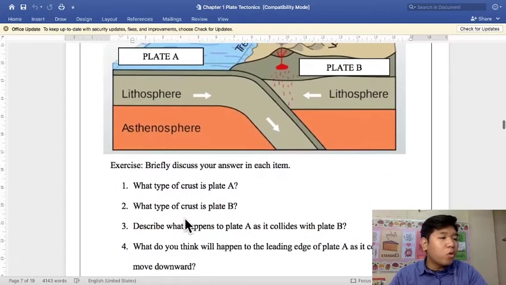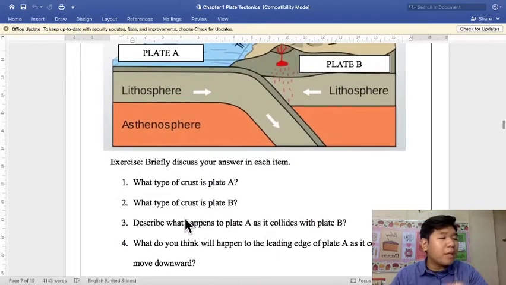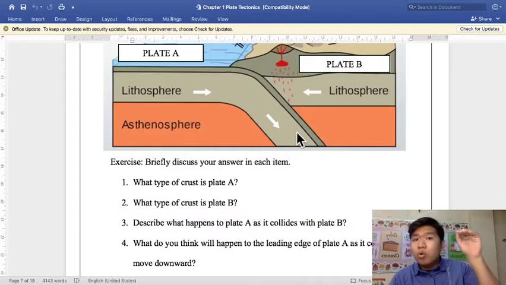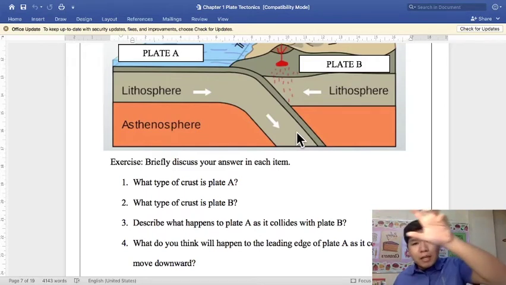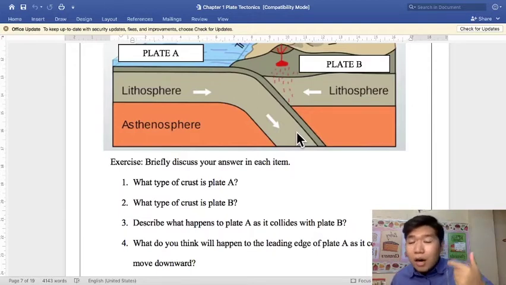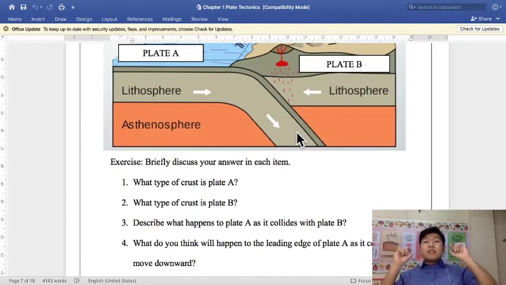Number 4. What do you think will happen to the leading edge of plate A as it continues to move downward? So, sir, where is the leading edge? This here is the leading edge of plate A, the one that goes first. So, we are discussing the layers. We know that as plate A sinks beneath plate B, it's going to a layer that is a lot hotter because that area is the asthenosphere.